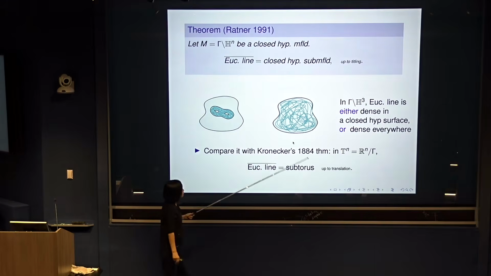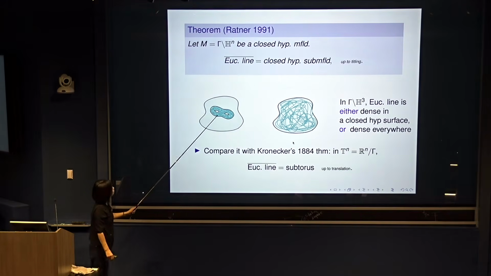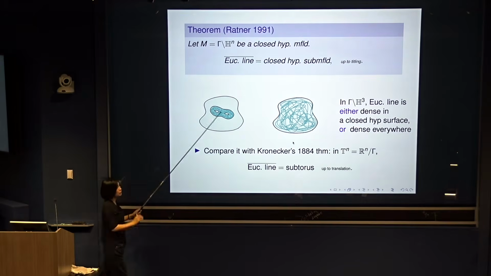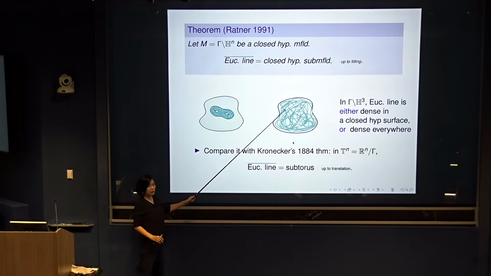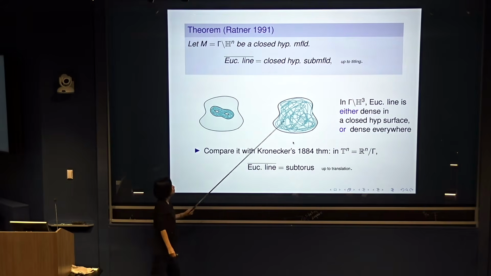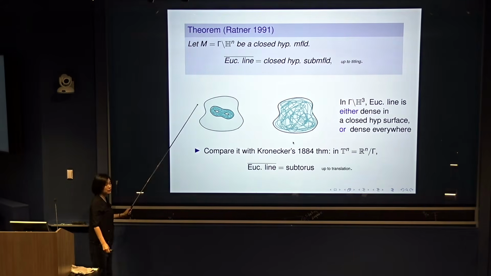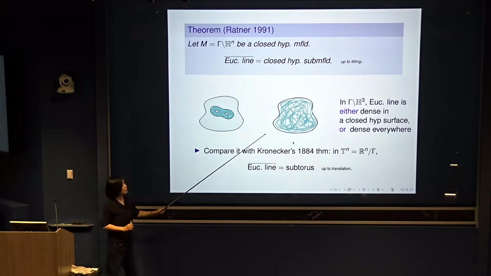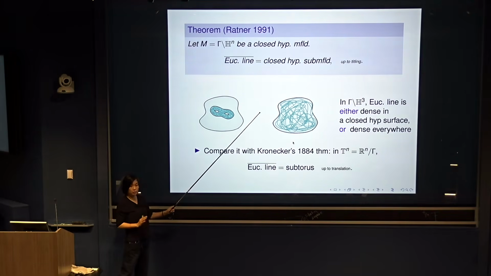So either the closure of the Euclidean line is some closed hyperbolic surface living inside the three-dimensional closed hyperbolic manifold, or the orbit goes everywhere in the entire space. You can think that if she travels in a closed hyperbolic three-manifold, she's guaranteed to see some hyperbolic space, either two-dimensional hyperbolic space or the entire hyperbolic space.